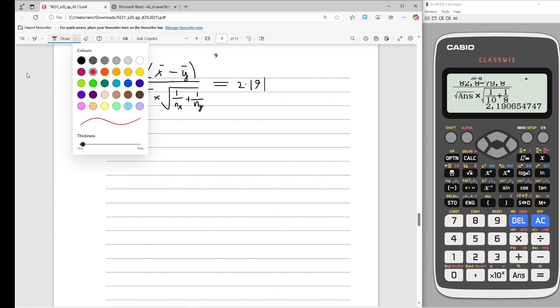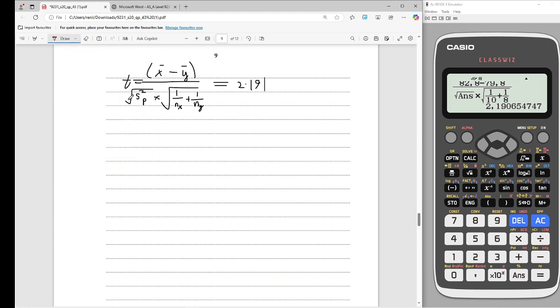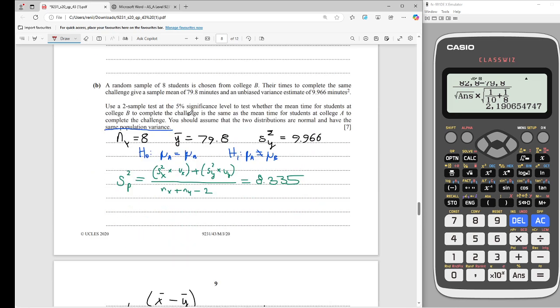Now to find our critical value. We can reference this by writing t for the t distribution, t bracket, and we write degrees of freedom, which was 16 as calculated before. Since we are doing a 5% significance level, it is a two-tailed test, because now mu A can be greater than, lesser than, or equal to. So we're looking at both sides. For a 5% significance level, we divide alpha by 2, which is 0.025.